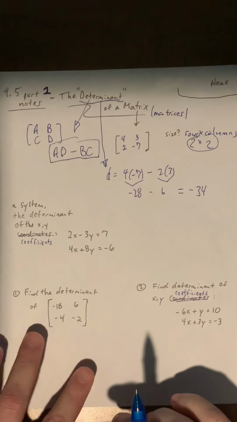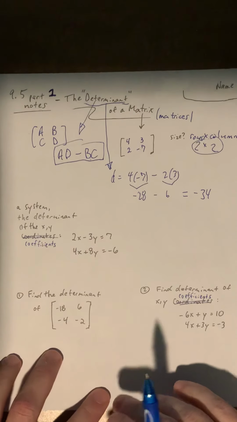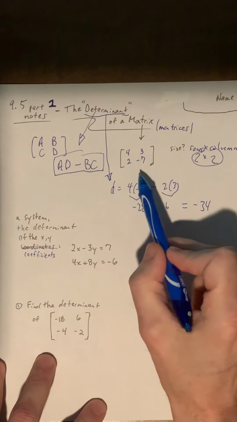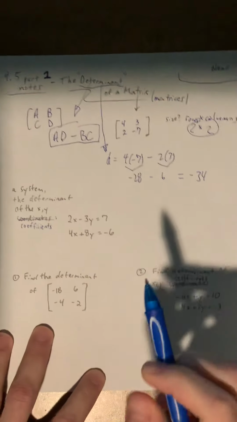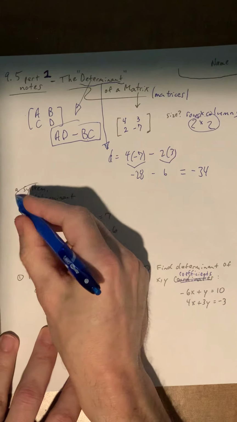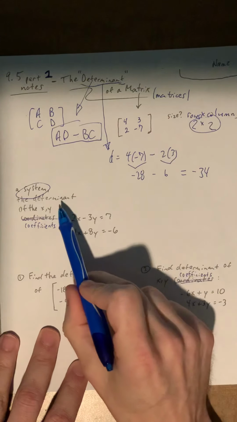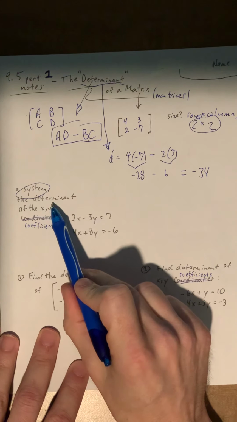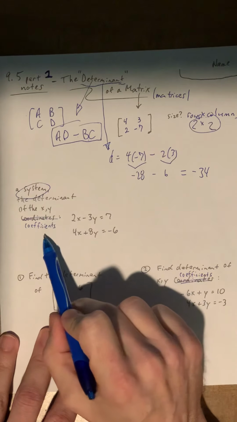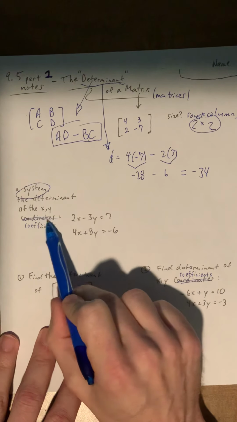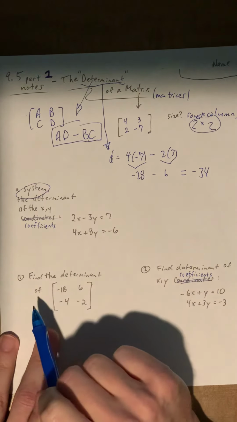Now, another thing that we'll do in this part 1, rather than just simply take a 2 by 2 matrix and get the determinant, is to take a system of equations like this, and we're going to find the determinant of the XY coefficients, not the coordinates like the note sheet says, but the coefficients, okay?